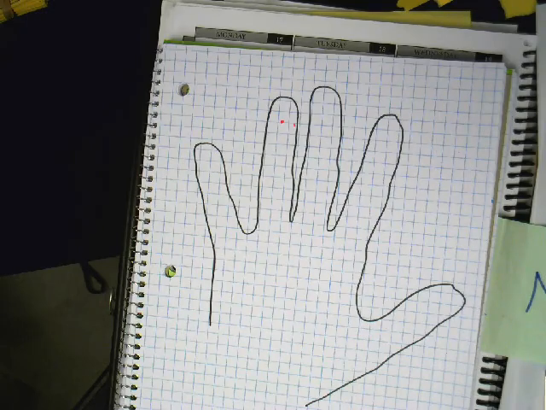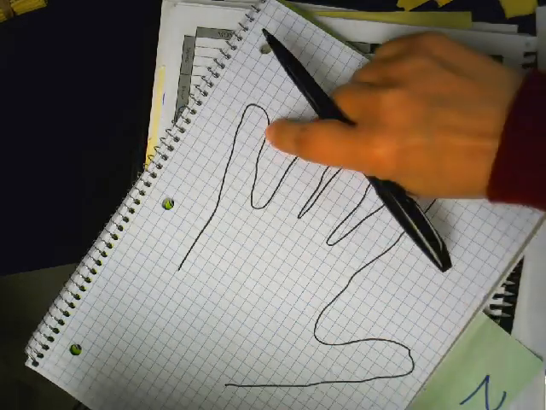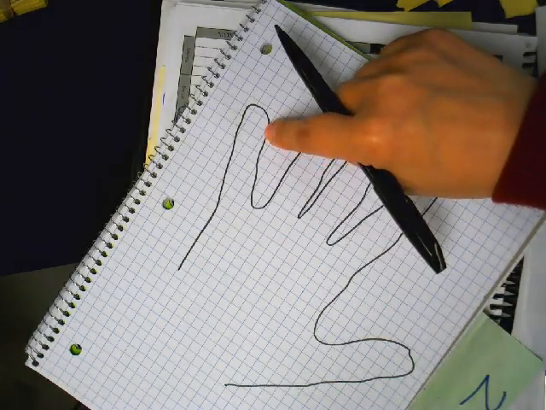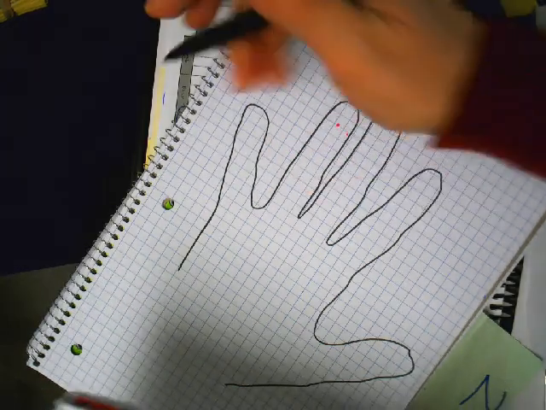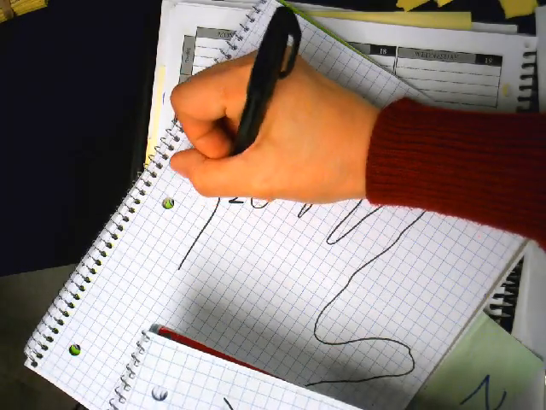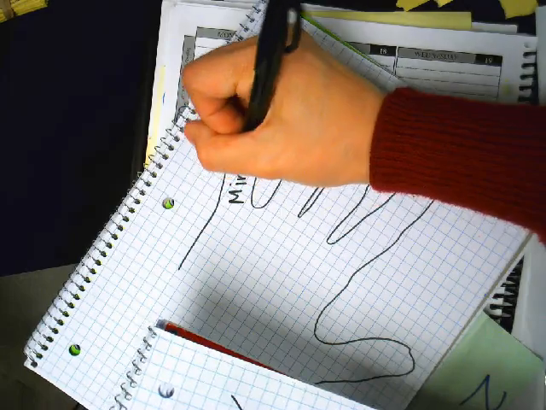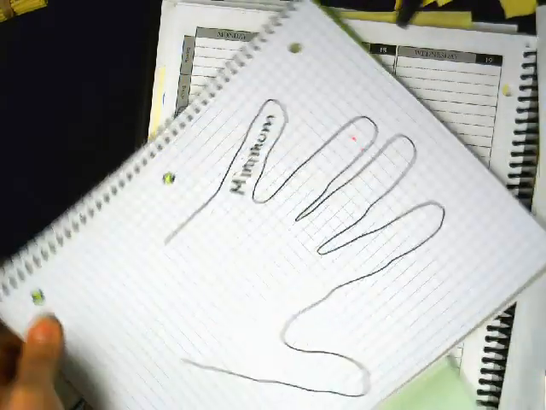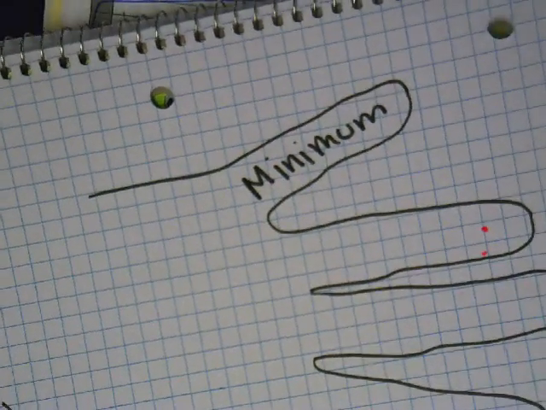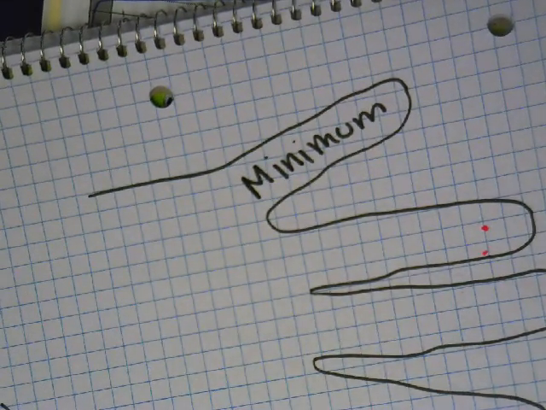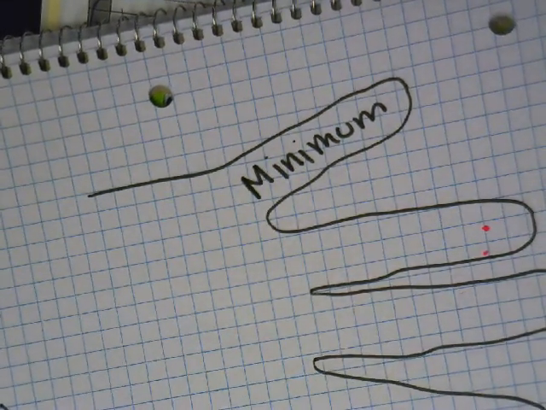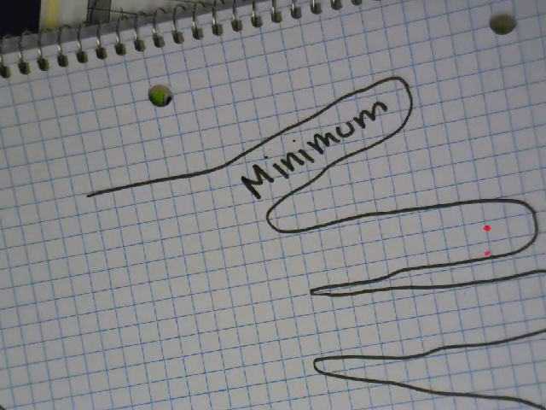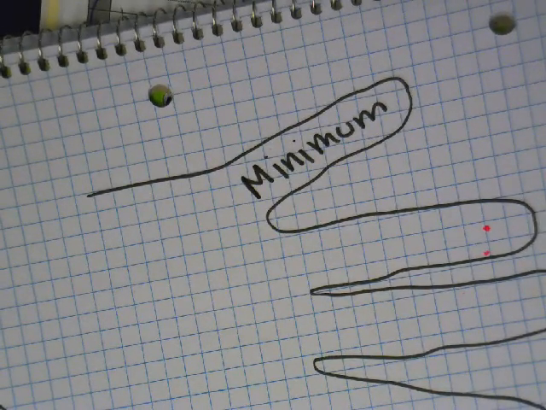Your pinky is the weakest one, and we call that the minimum because it has minimum power. So we're going to write the word minimum in our pinky.